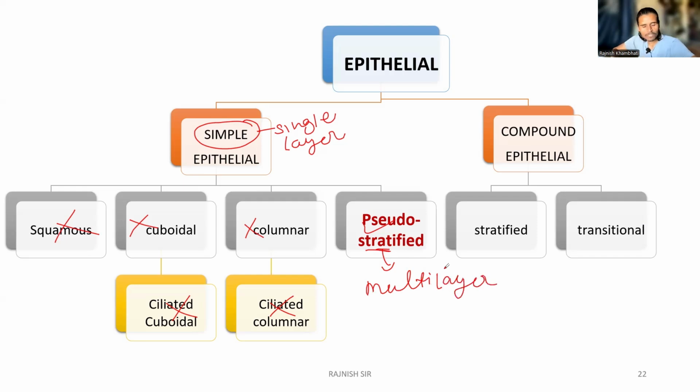Now, how is it possible that a multi-layer is under this single layer? No, it is not multi-layer. It is itself a single layer, but it is falsely looking like multi-layer, and so the name pseudo is given. Pseudo means false: false multi-layer. It looks like multi-layer, but in reality it is single layer.